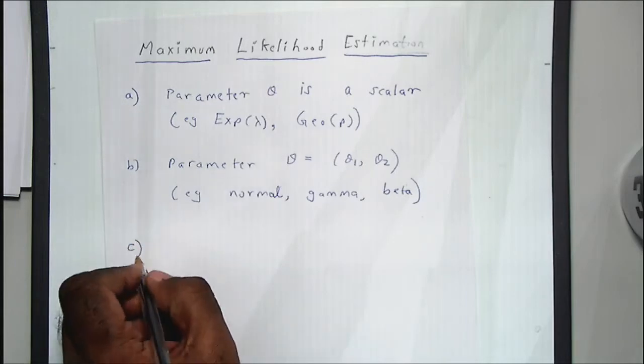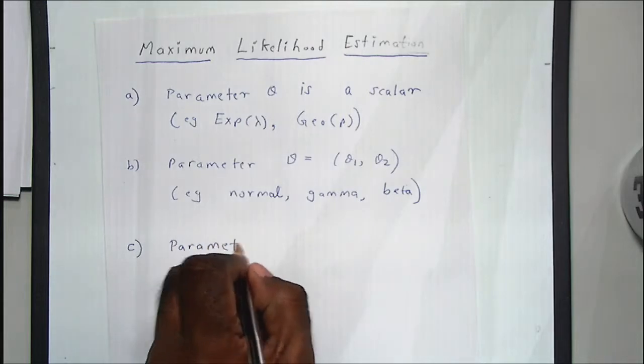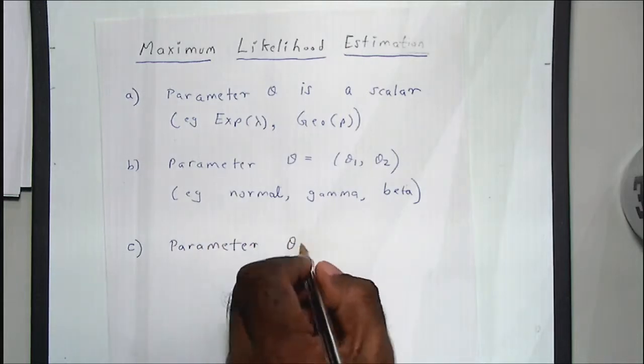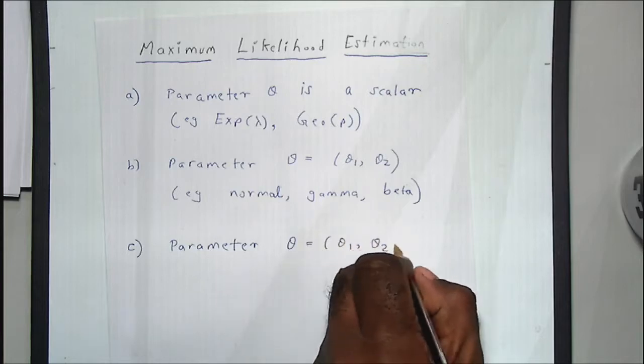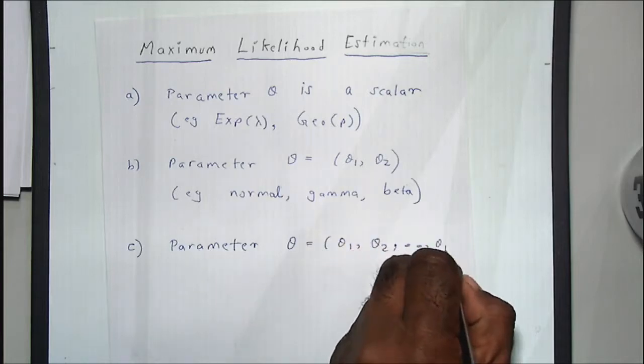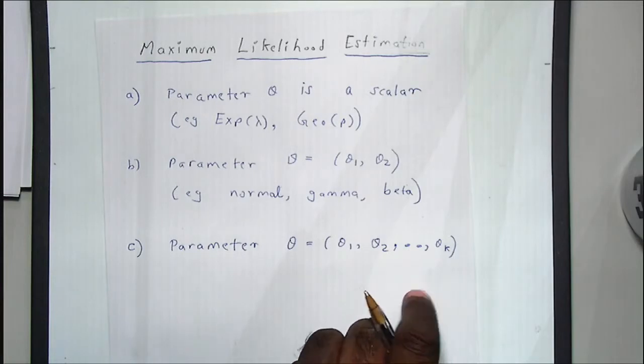And case C is where the parameter of interest theta has a k number of components, right? So it has k parameters.